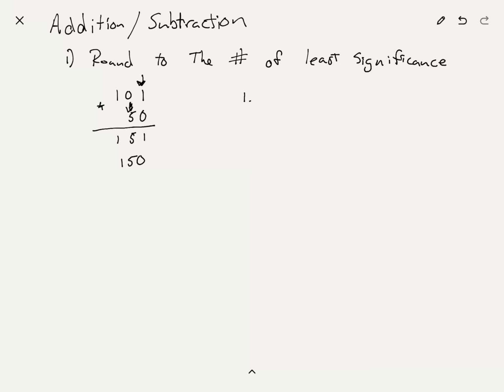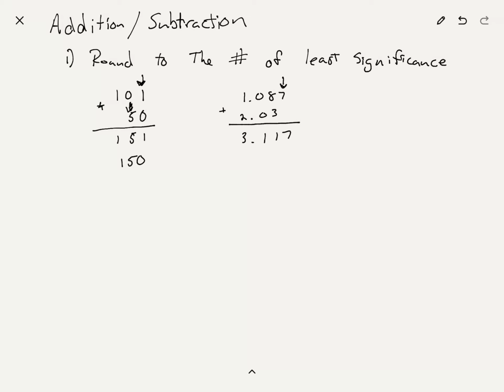So let's say we have 1.087 plus 2.03. Okay, so we are going to do the math. We get 3.117. Now in this case, our top number, that's 7, is the last significant figure.